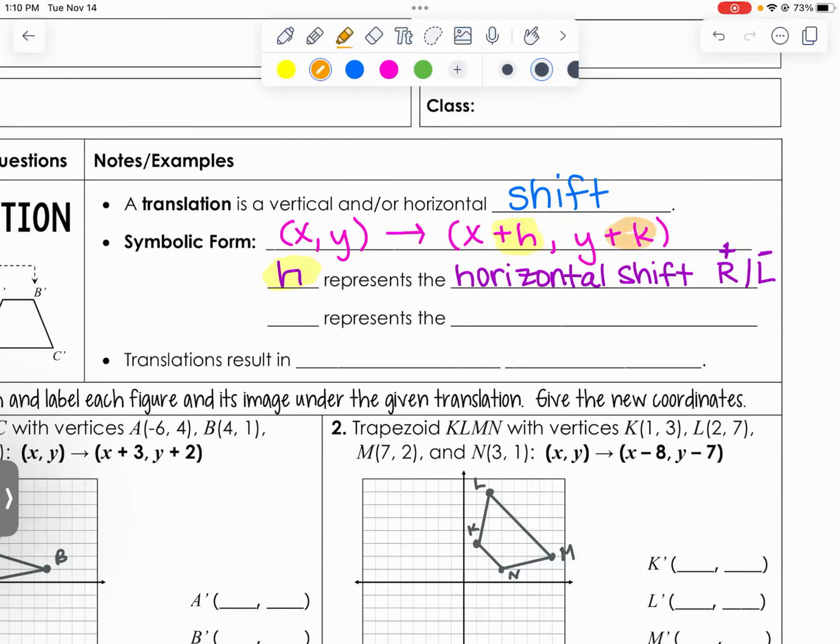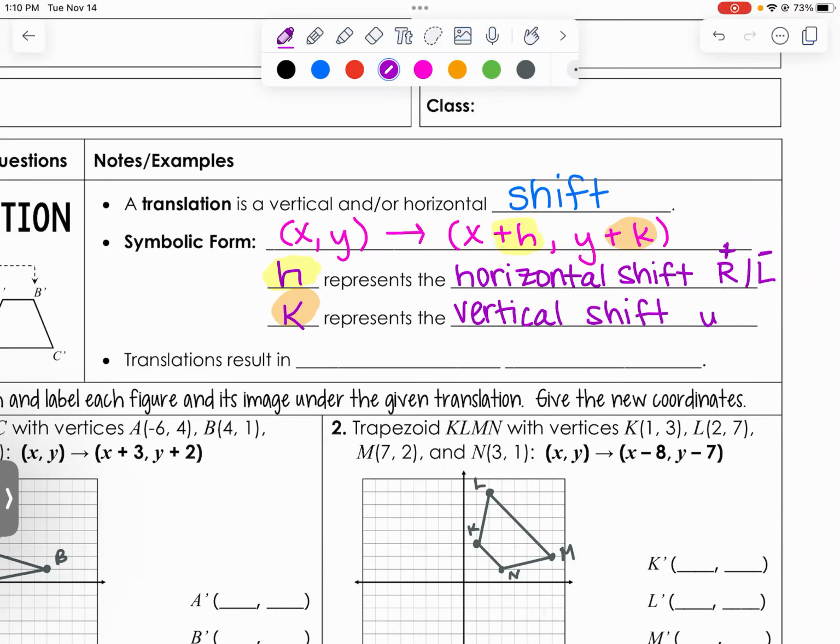Now, the plus K, since it's with the Y, is our variable that tells us to move vertically. So whatever that plus K is, that's gonna tell us where to shift vertically.